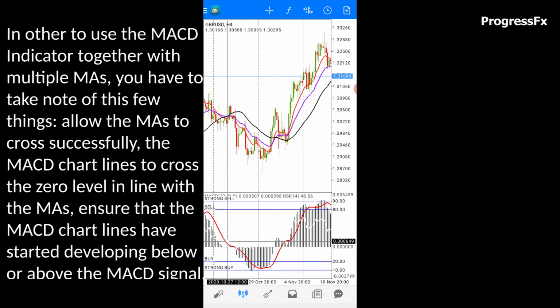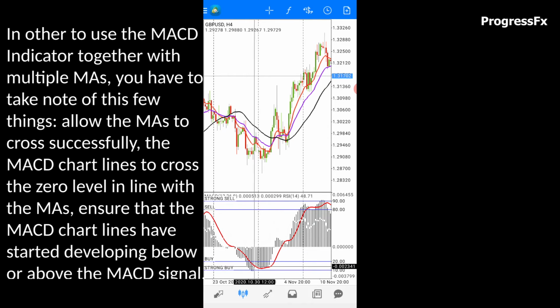The chart line is not actually your problem here. What you should be looking at, which is the major thing you should discover, once you discover it, you will trade the MACD easily, is this signal line. You have to respect it.